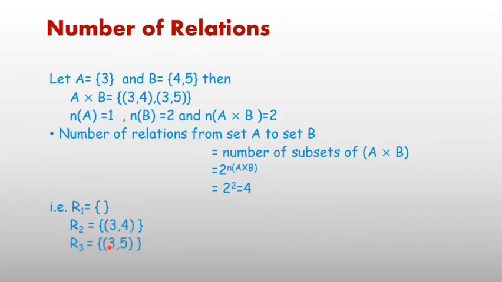R3 again containing one element, means (3,5). And R4 containing both the elements of A cross B. In this pattern, the number of relations equals 2 power the number of elements in A cross B, equal to 4. And also we can write all 4 subsets of A cross B, or you can say all the relations from A to B if sets A and B are given.